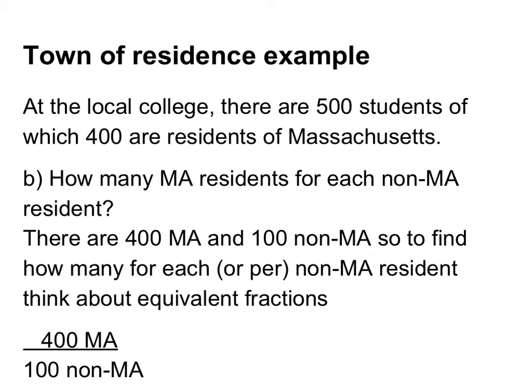I know that vocabulary sounds a little bit awkward, but I want you to try to get comfortable with that, right? Because we're talking about something like for each. One way to interpret this fraction is to say 400 Massachusetts residents for every 100 non-Massachusetts residents. So it's giving us the right idea, but it's not quite the format that we want.